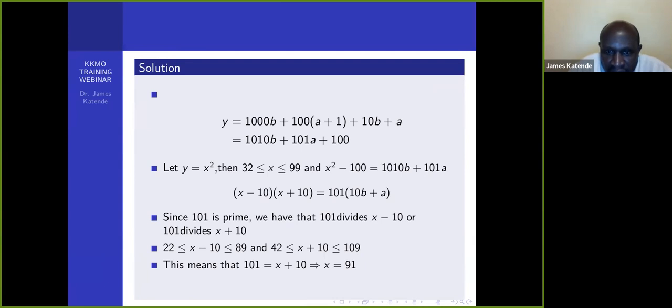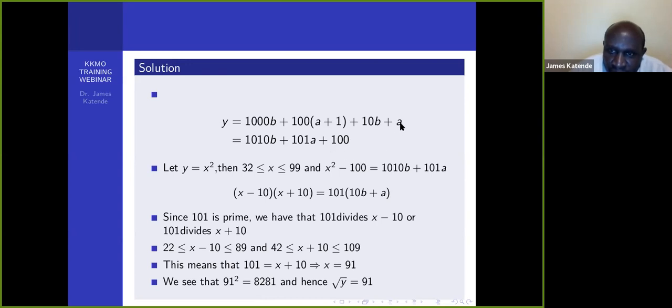So x is 91, and x is the square root of y. So that means the square root of y is what we're looking for. It's 91. You can confirm that it works by just squaring 91, and when you square 91, you get 8281. We remember the thousands digit and the tens digit were the same. They were both b. So in this case, b is 8.